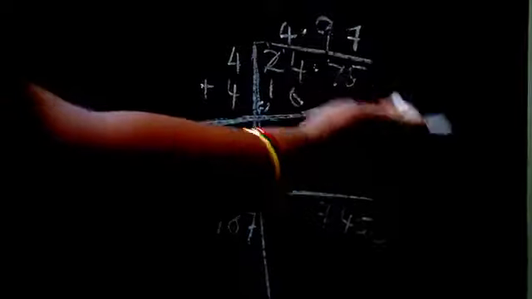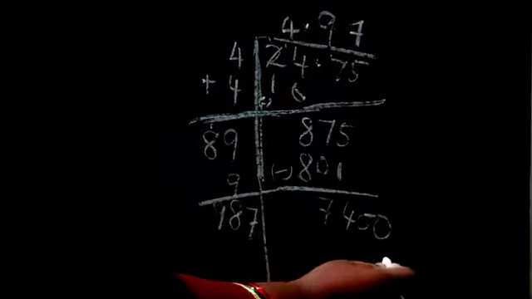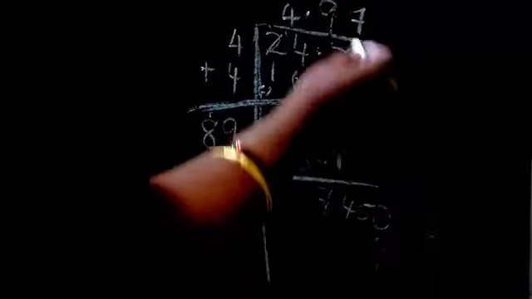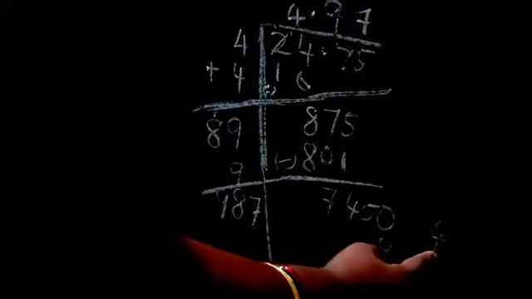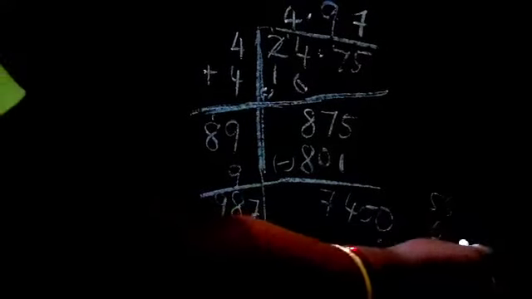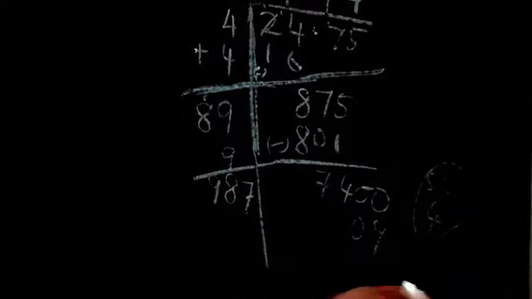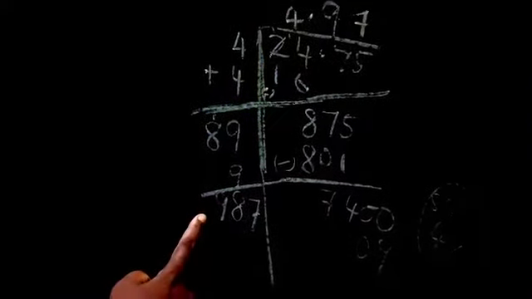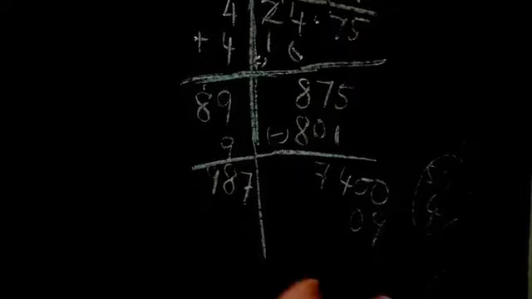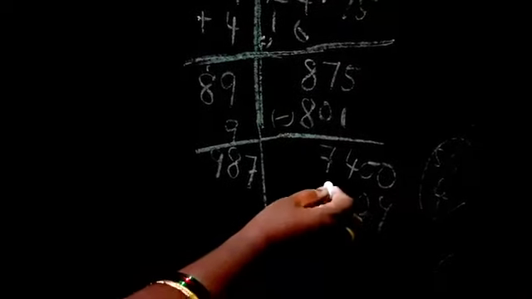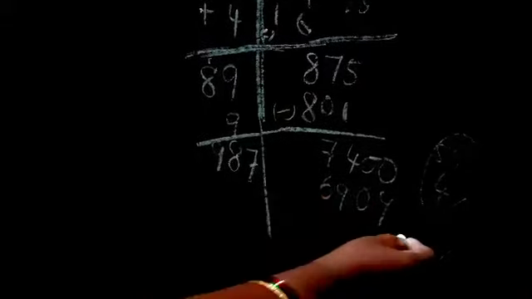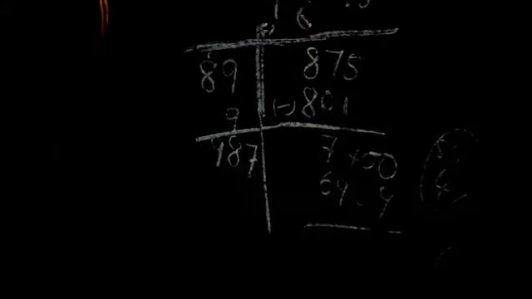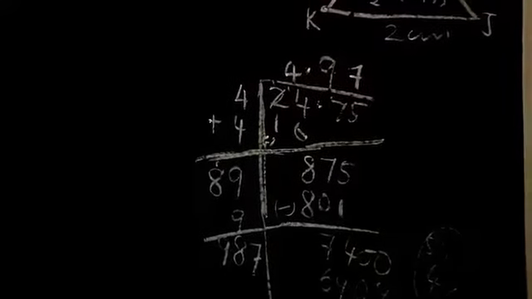So we have here 7 into 7, 49, remainder 4. 7 8s are 56. 56 plus 4 is 60. So carrying here 6. 7 9s are 63. 63 plus 6 is 69. So our answer for this is 4.97.